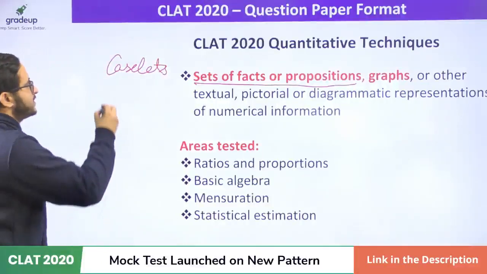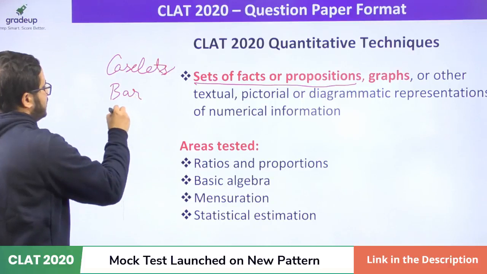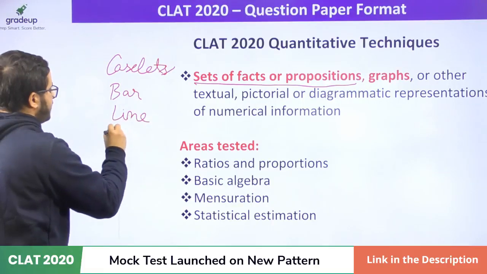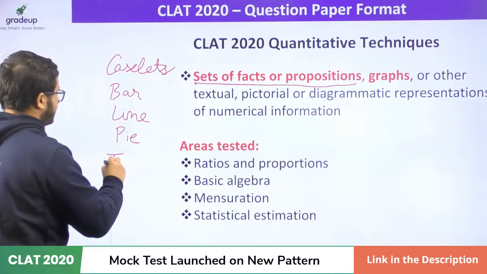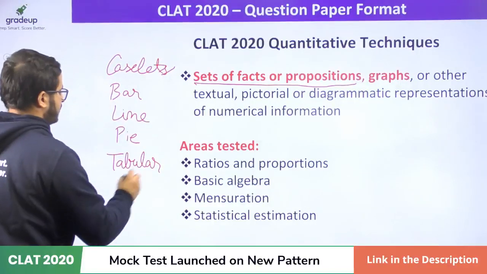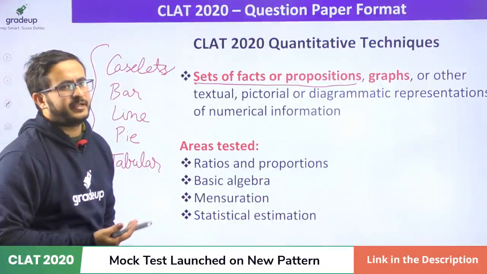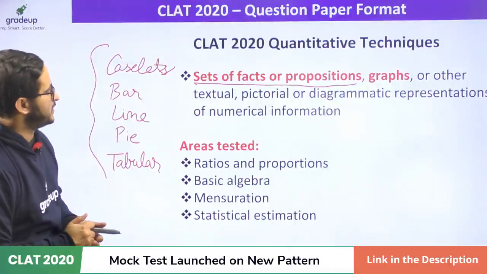So you might be asked questions on bar graphs, line charts, pie charts, you might have tabular DI, etc. So these are the different types of questions that might be asked in the examination.